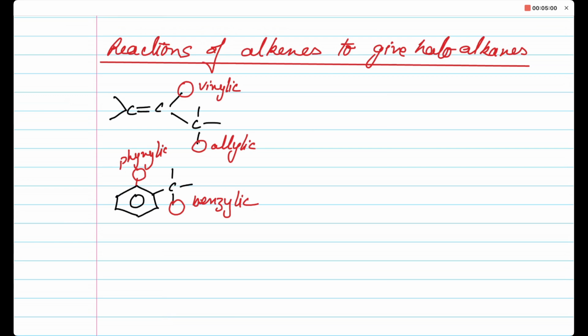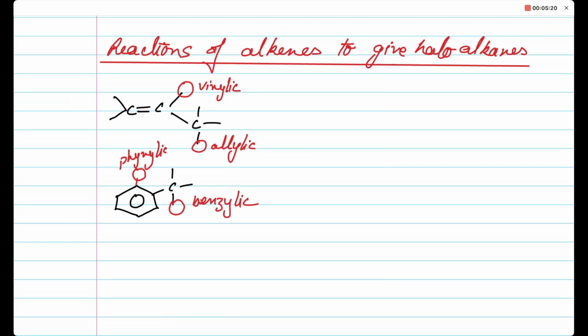Now, there could be a direct question to you, like they could give you various compounds and ask which of these are vinylic compounds, which are benzylic compounds, which are allylic compounds. Of course, that question could be asked. Then another question could also be asked: which of these is more reactive?